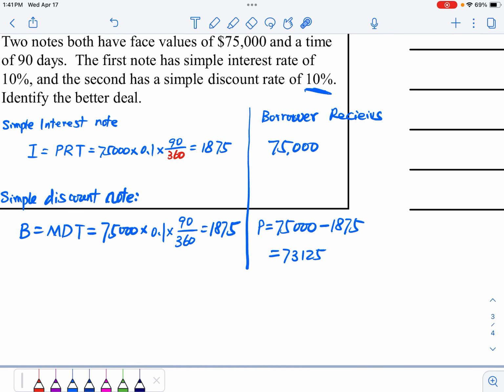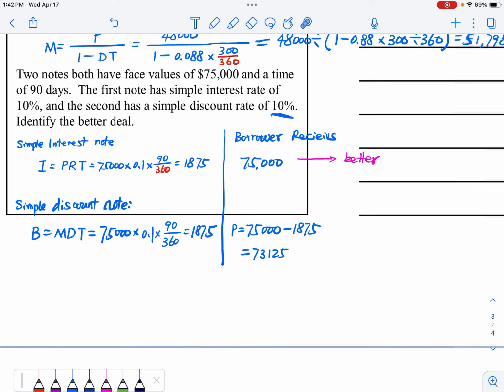You actually pay the same amount of interest. In the simple interest note, you get 75,000, and in the simple discount note, you get $73,125. So think about it. Which one would you go with? I would certainly go with this one. It's a better deal because you receive more money and you pay the same amount of interest. Definitely a better deal, right?